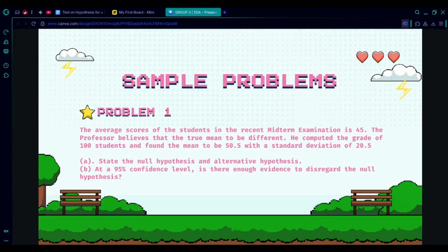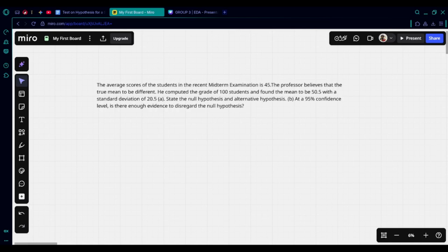First, state the null hypothesis and alternative hypothesis. And B, at a 95% confidence level, is there enough evidence to disregard the null hypothesis? So, paano ba natin ito isa-solve? Based sa steps na tinuro ko kanina. Let me read the problem once again.